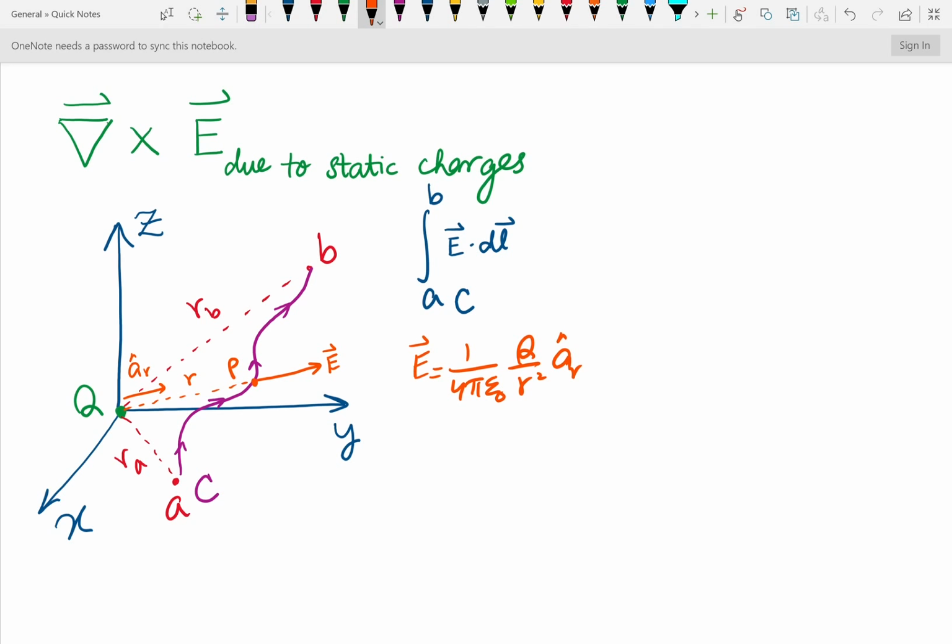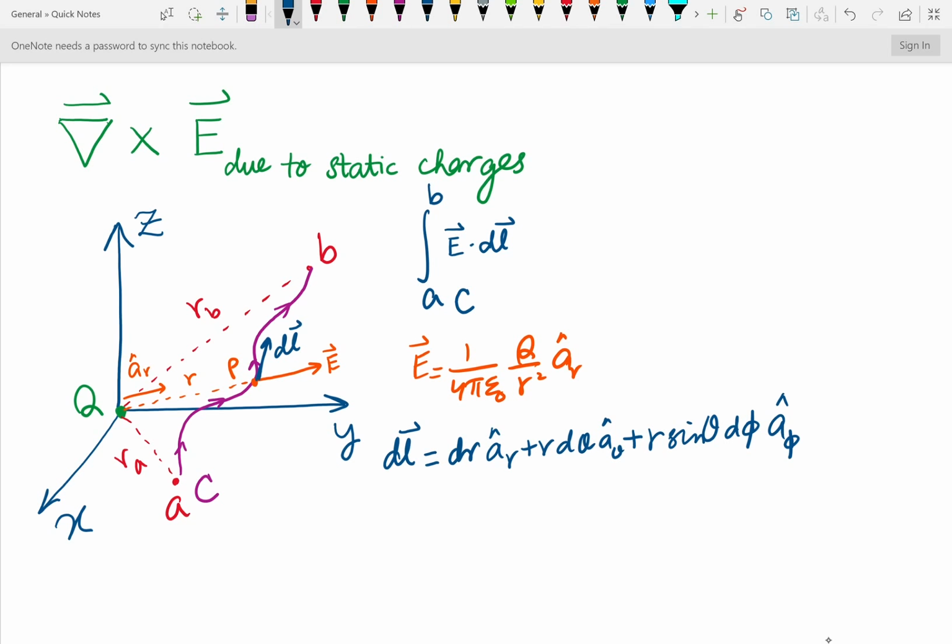The differential displacement dl at P will be tangent to the path C at P. Its expression in spherical coordinates will be dl equal to dr ar unit vector plus r d theta a theta unit vector plus r sine theta d phi a phi unit vector.